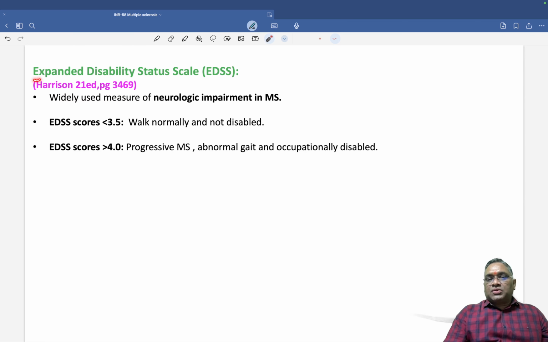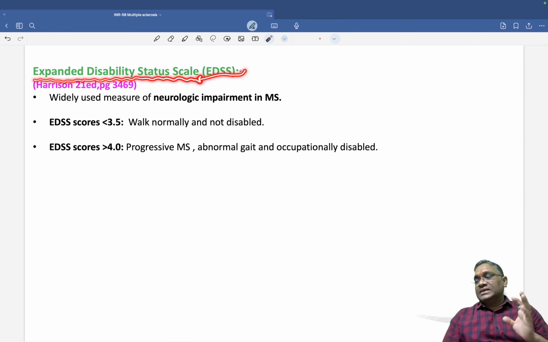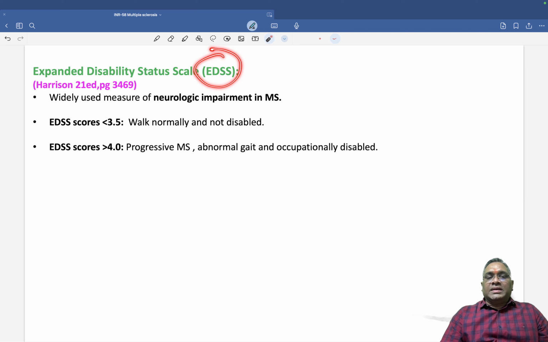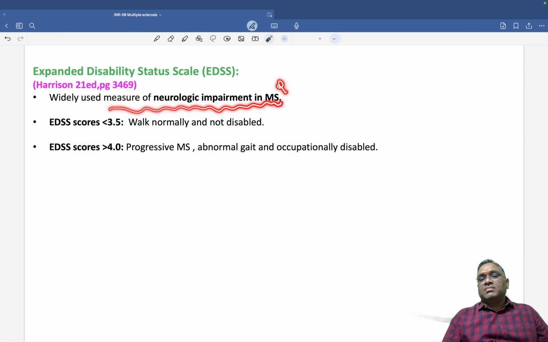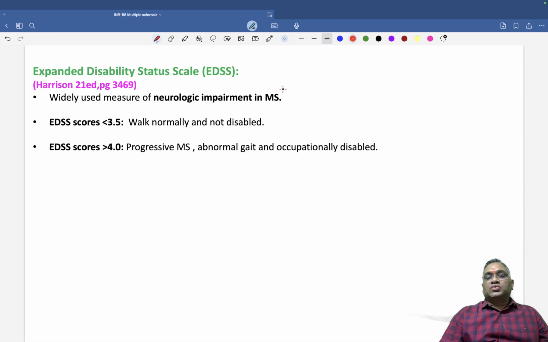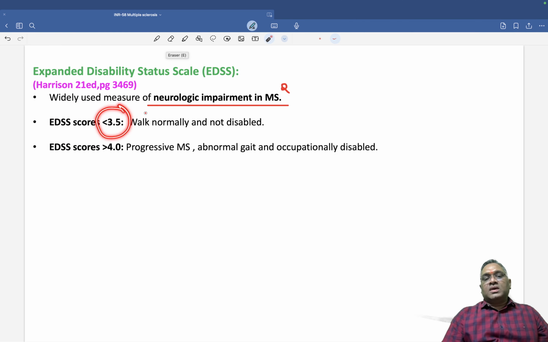Because the examiner can ask you this question: expanded disability status scale, EDSS, right? Expanded disability status scale is used for measurement of neurological impairment in multiple sclerosis. Remember, this is used for measurement of neurological impairment in multiple sclerosis. The examiner can ask you, what is the use of EDSS score? If EDSS score is less than 3.5, patient will walk normally and they are not disabled.